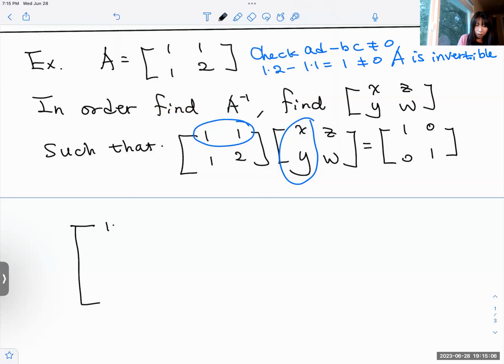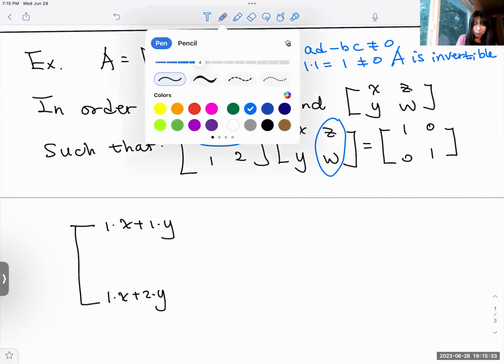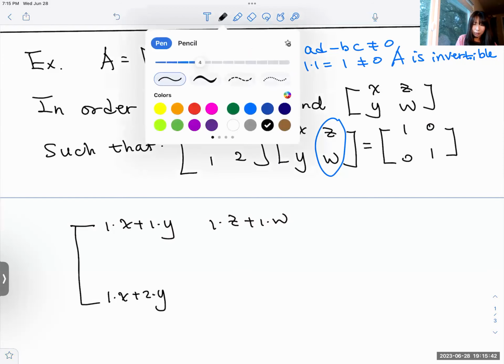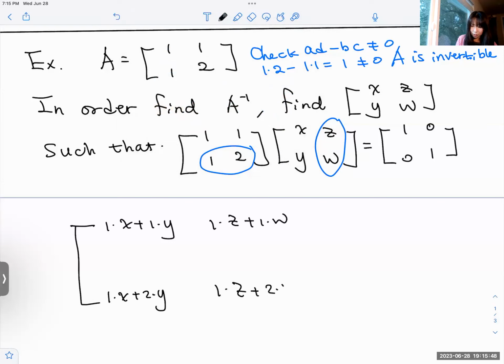Okay, we will get 1 times X plus 1 times Y, and we get 1 times X plus 2 times Y. Now, for the first row, second column, we get 1 times Z plus 1 times W. Then we get 1 times Z plus 2 times W, right?